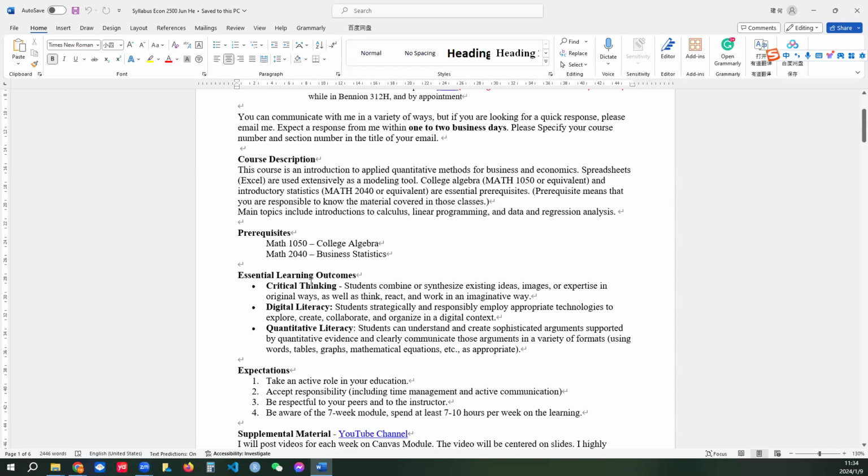I would like to talk a little bit about the course design. This course is an introduction to applied quantitative methods for business and economics. Spreadsheets, which is the core of this course, are used extensively as a modeling tool. College algebra and introductory statistics are essential prerequisites, meaning that you're responsible for knowing the material covered in this class.